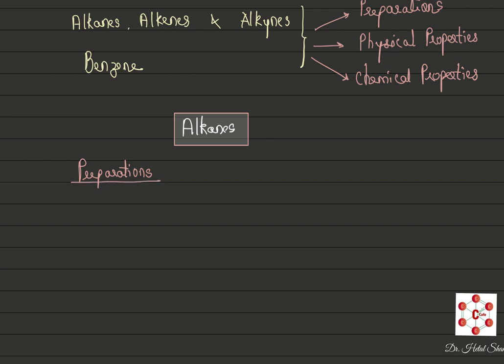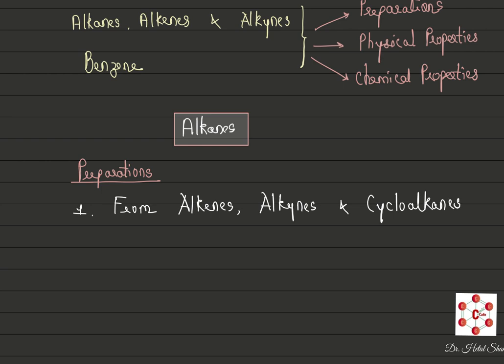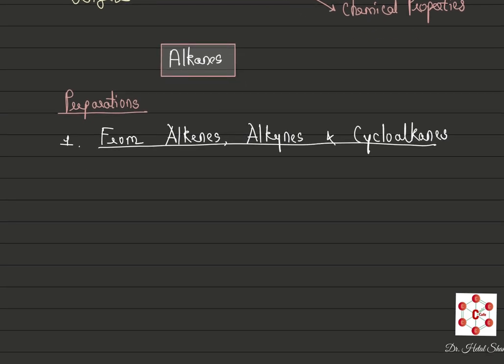And in preparations, we start first from alkenes, alkynes, and cycloalkanes. We're trying to prepare normal alkanes from these. How do we get that? Again, all of that together. Pay attention.